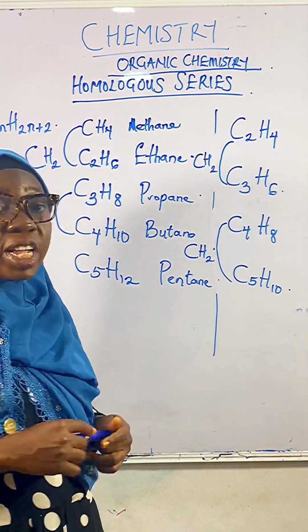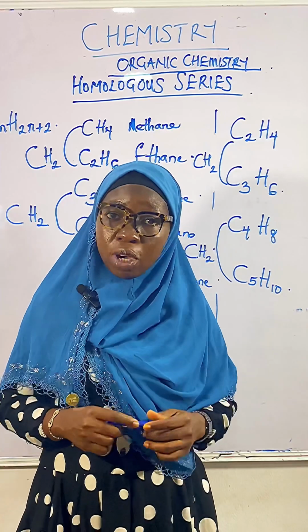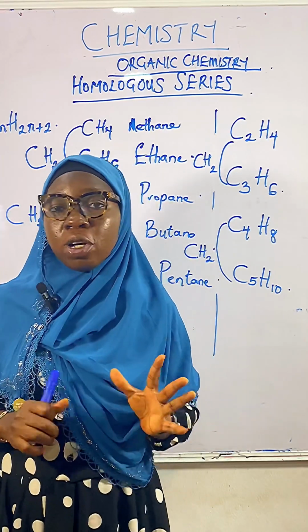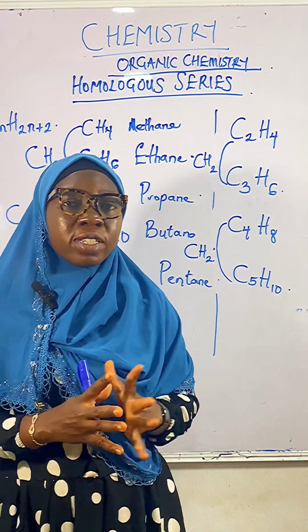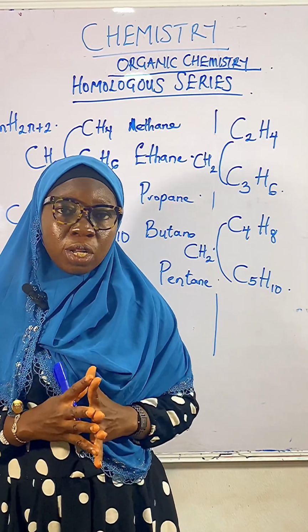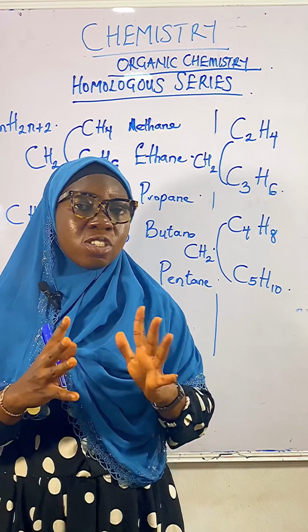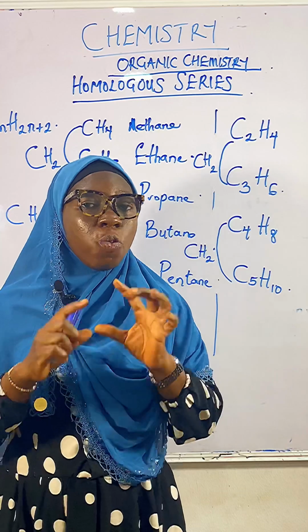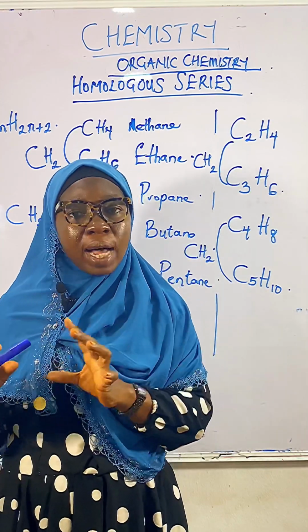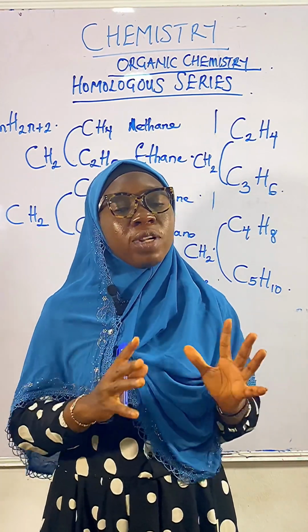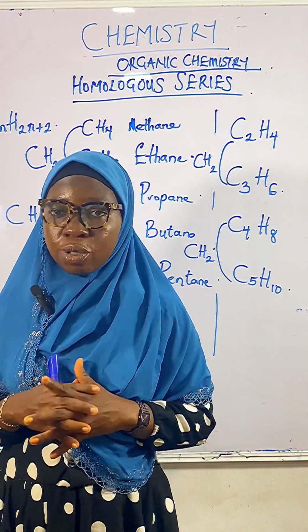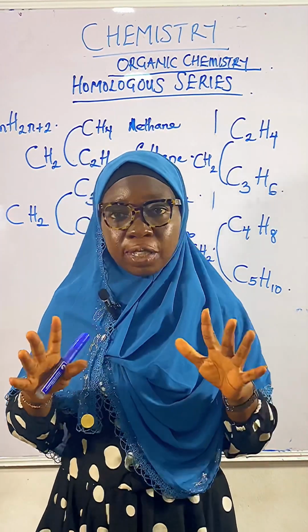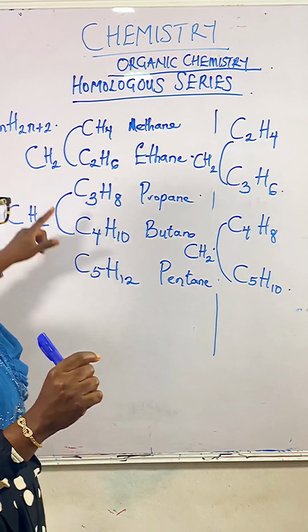And that now brings me to the definition of homologous series. A homologous series is a group of organic compounds which have a regular structural pattern in which each successive member differs by a molecular formula of CH2. I have explained how I got that CH2 from here.